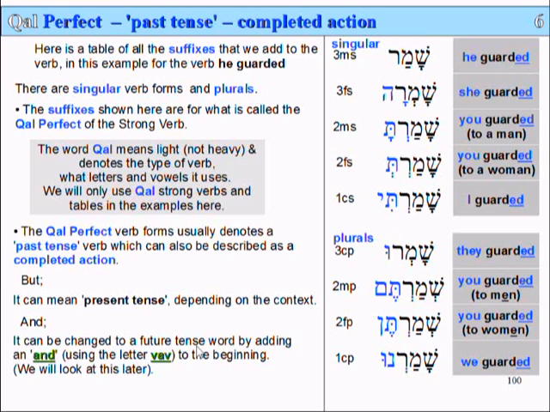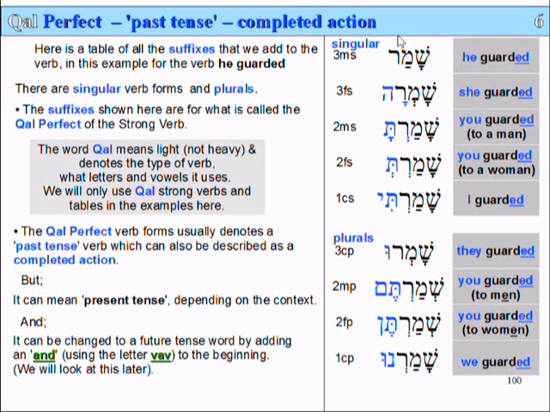Okay, so this table here usually represents things in the past tense, but if we add the vav at the front, meaning 'and', if we say 'and he guarded', that changes the tense into the future. It's very peculiar. Again, don't get confused by that just yet. We'll look at that in the second half of the lesson.